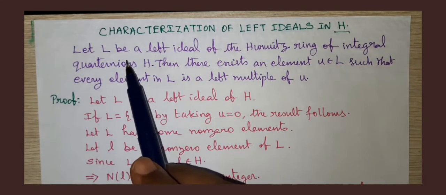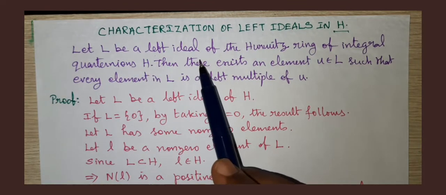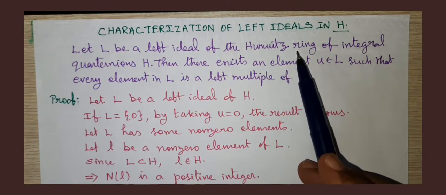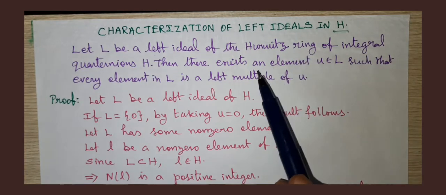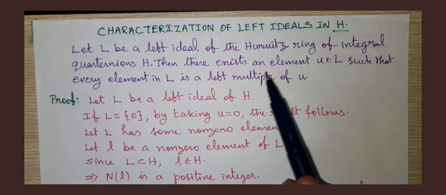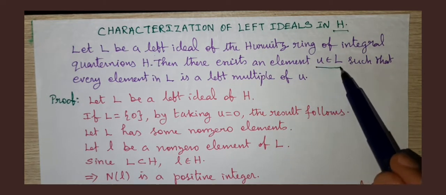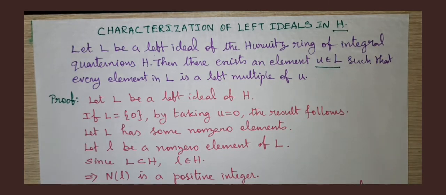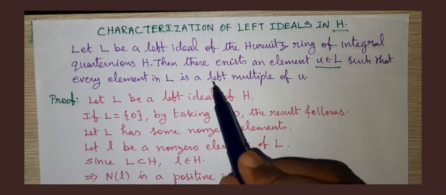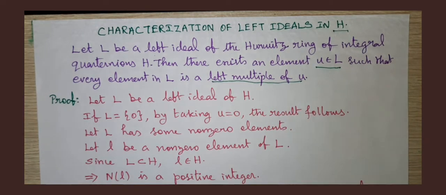If we take any left ideal L in H, the Hurwitz ring of integral quaternions, then it is always possible to find an element U belongs to L such that every element in L can be written as a left multiple of U. That is what this characterization says. This characterization is very much useful in proving four-square theorem.